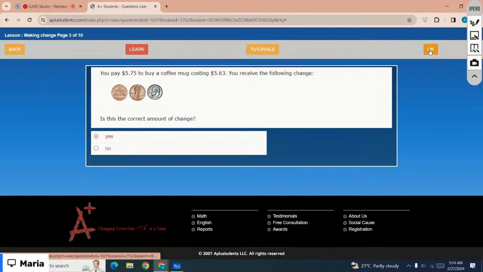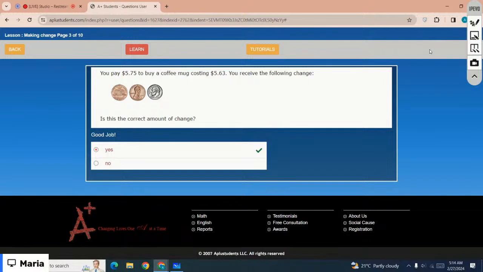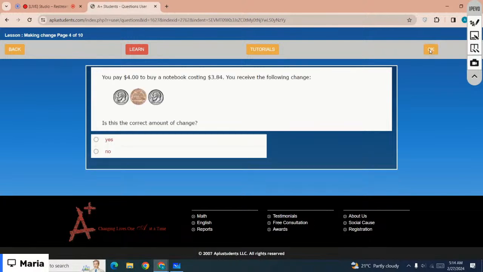The correct option is yes, and I don't know, maybe they are. You pay $4 to buy a notebook costing 3.84. You receive the following change. Is this the correct amount of change? Which is the correct option?